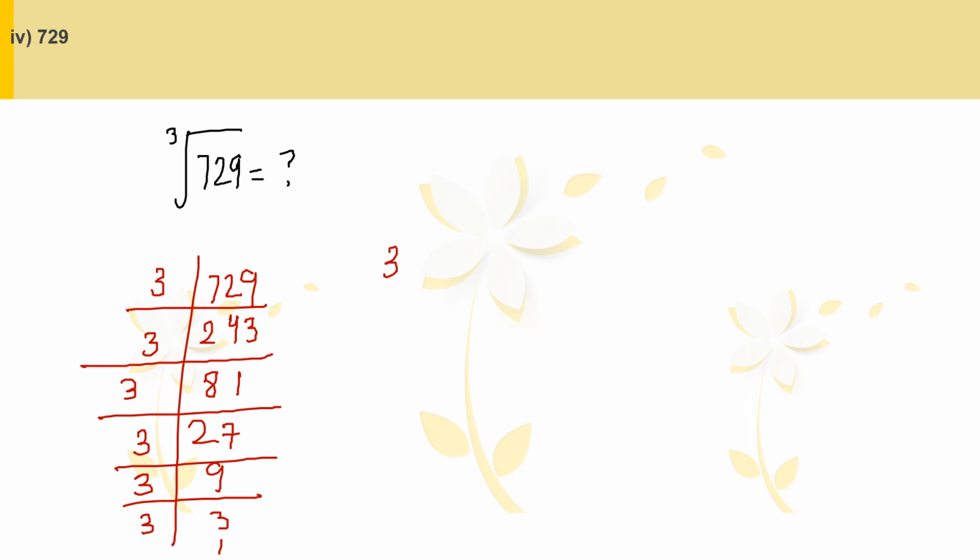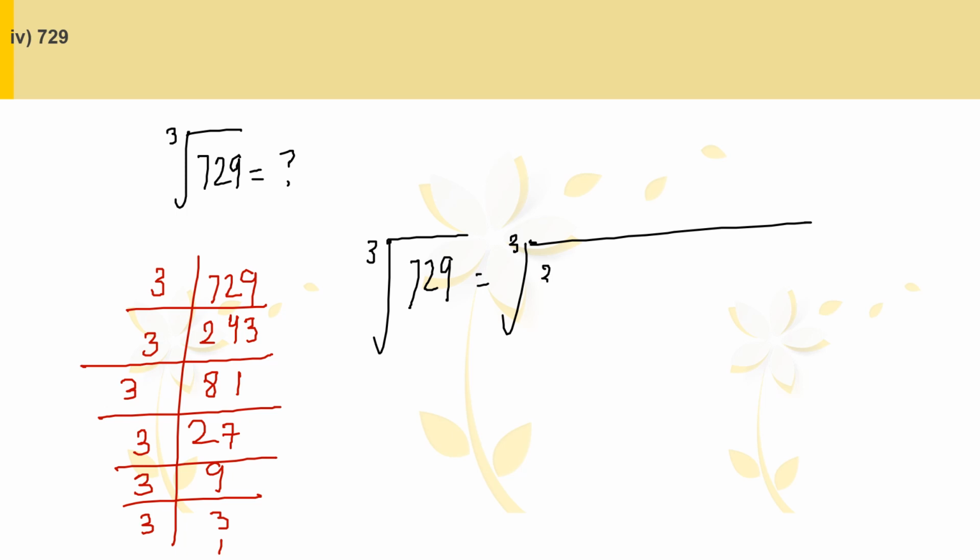Again you have to create the combination of three numbers, like we will write it as cube root of 729 is equal to cube root of 3 multiplied by 3 multiplied by 3 multiplied by 3 multiplied by 3 multiplied by 3. So we have a combination of these threes and these threes.